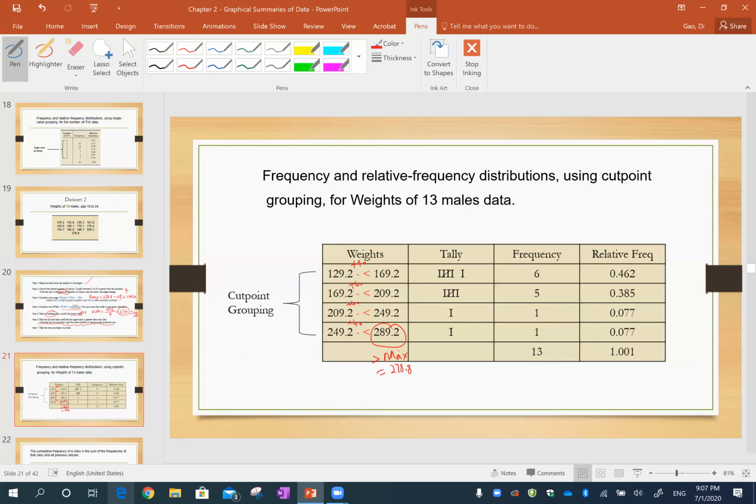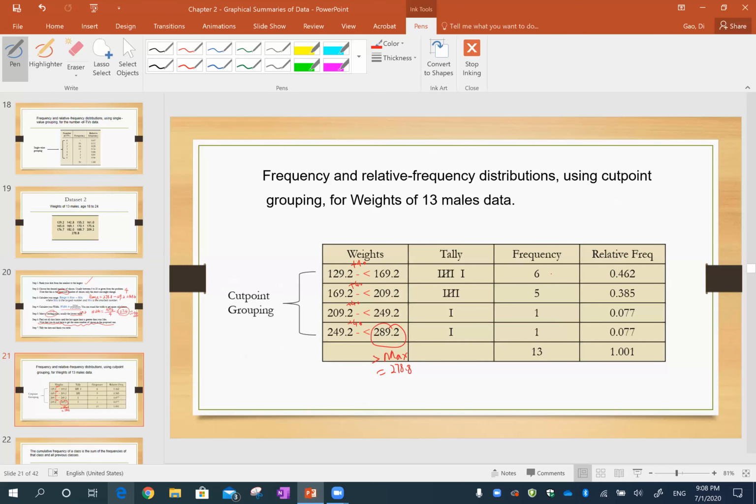The first number, 129.2, goes in the first class. 142.8, first class. The third one, 155.2, then 161.0, 165.0, and 169.1 are still in the first class. So we have a total of 6 numbers for the first class.